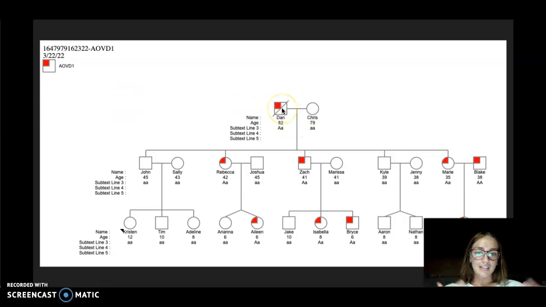Unfortunately, I have that this father has passed, and he has passed this on to his children. Now, he is heterozygous, while the mother is homozygous recessive. So some of the children end up not having this disease and have a life without being affected by any kind of congenital heart disease, or a risk of potentially cancer in the future.